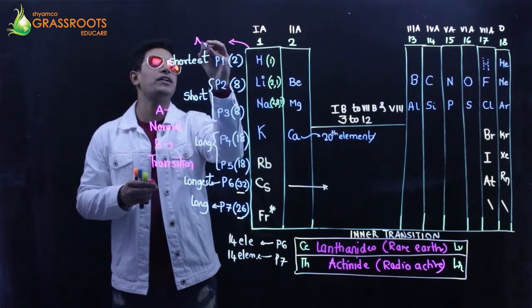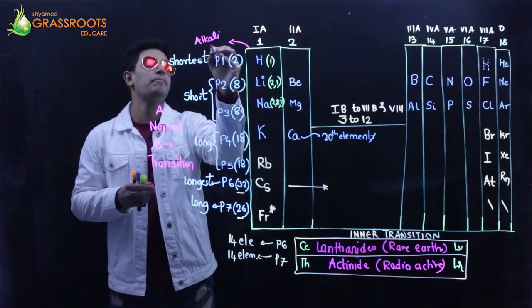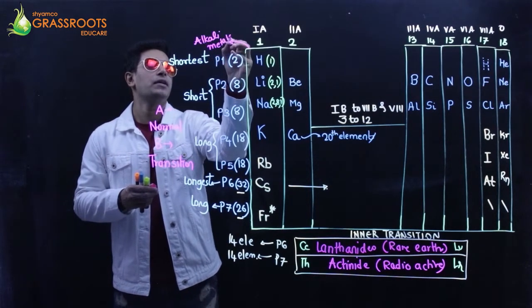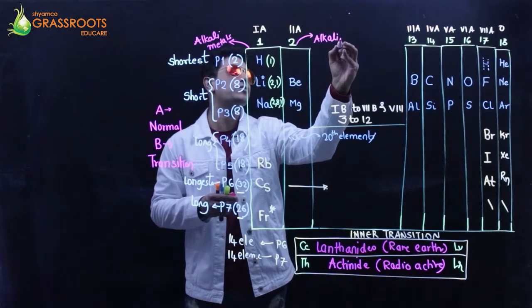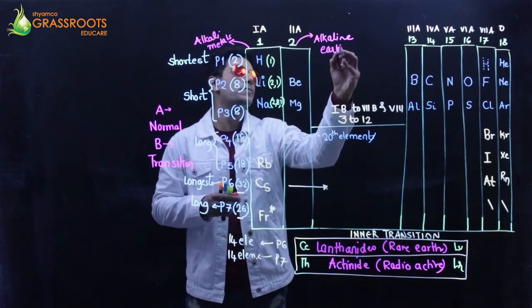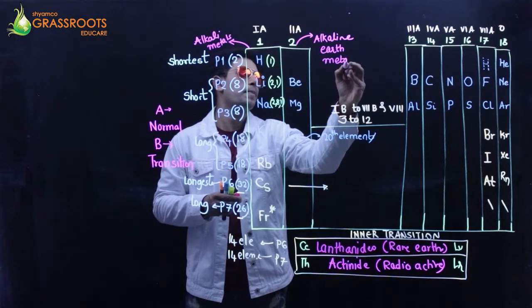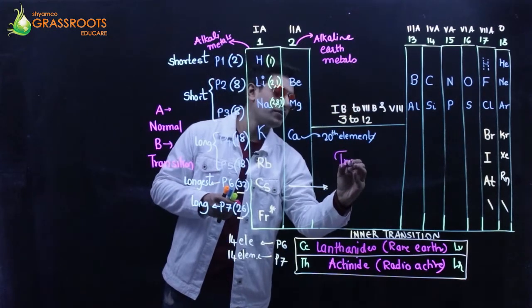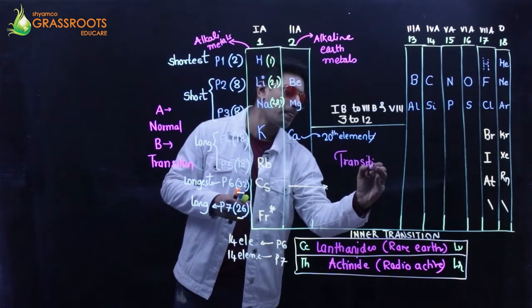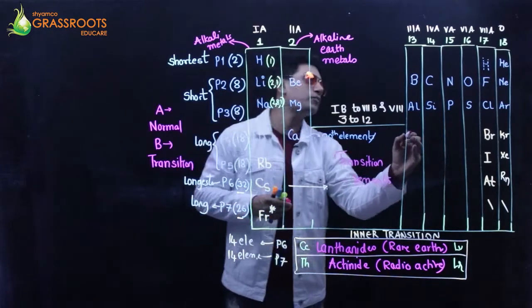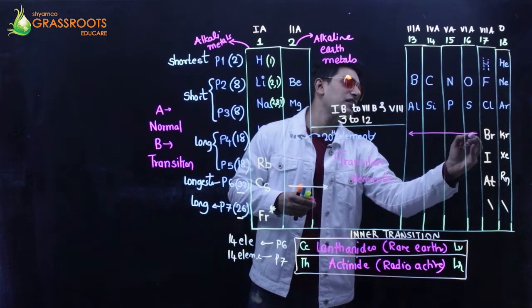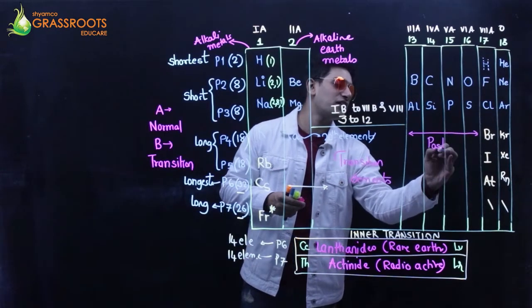So group number 1 are called alkali metals. Group number 2 is said to be alkaline earth metals. These are transition elements. From 13 up till 16, we call them post-transition elements.